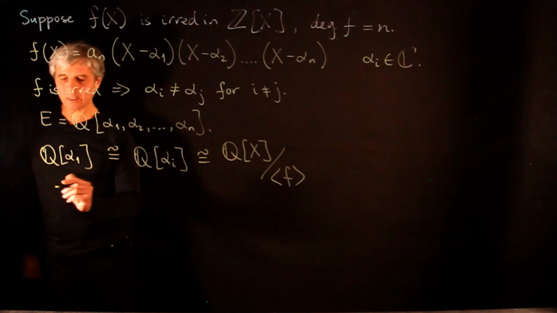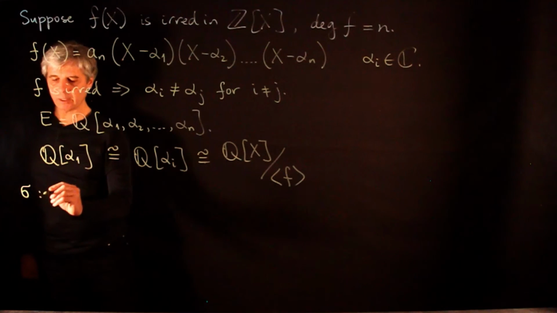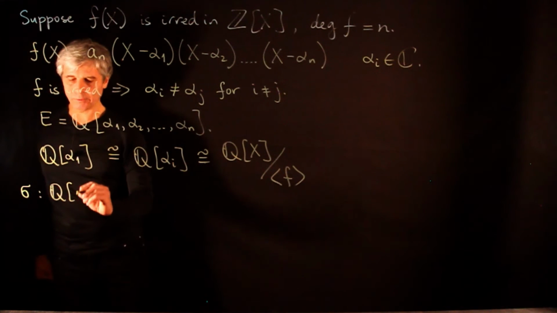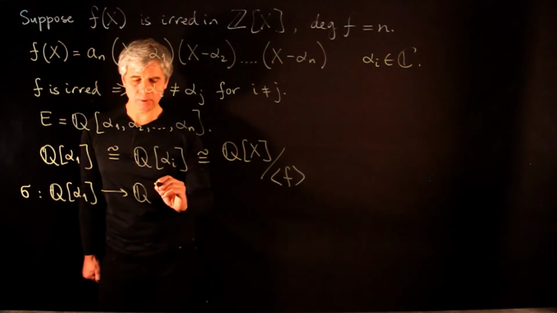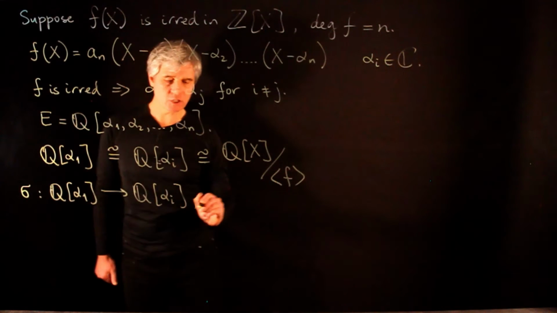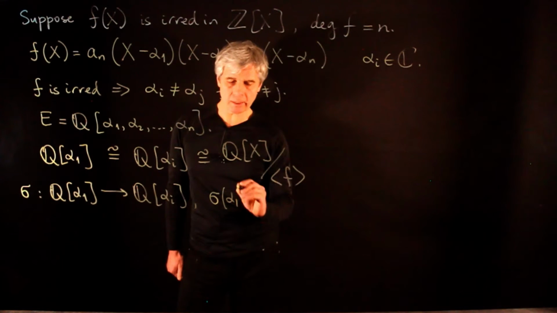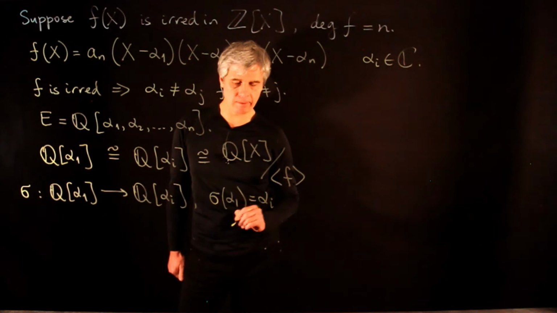Then we can consider an isomorphism map sigma from Q(alpha 1) to Q(alpha i), such that sigma of alpha 1 is equal to alpha i.